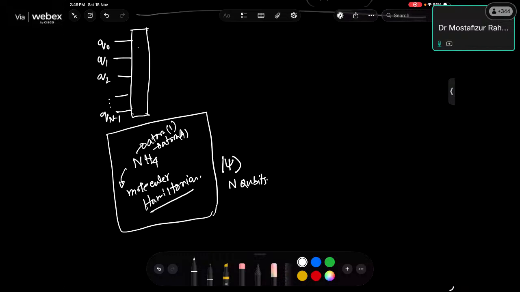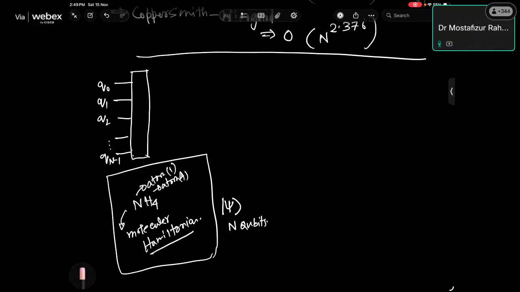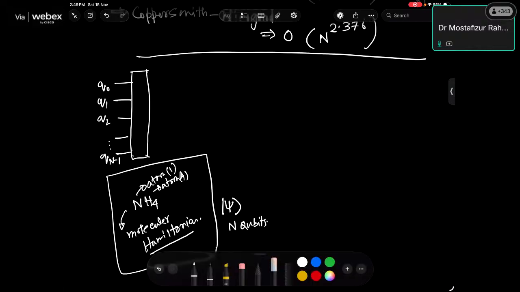You choose a certain way to encode this problem. I'm not going into detail because that's an advanced topic, I'll come to it later. But in general, that's a vector.